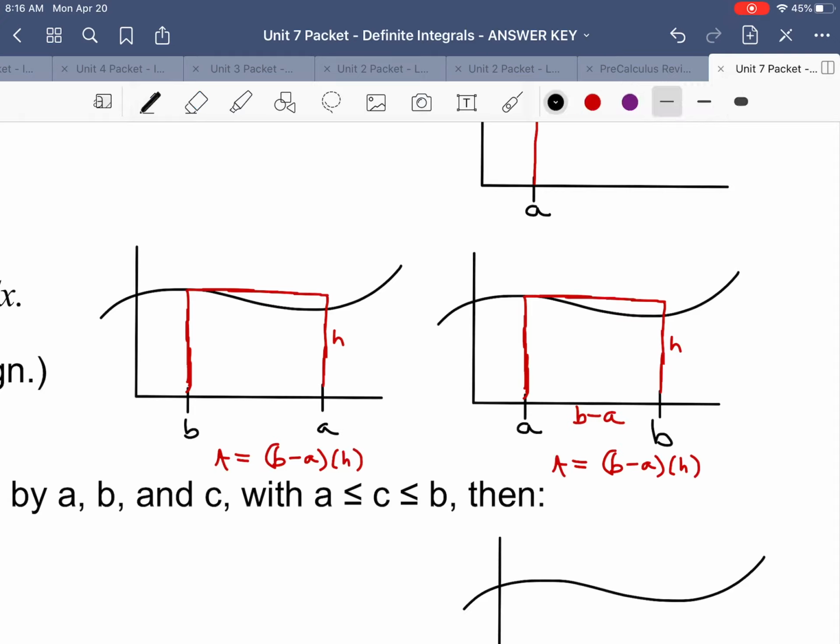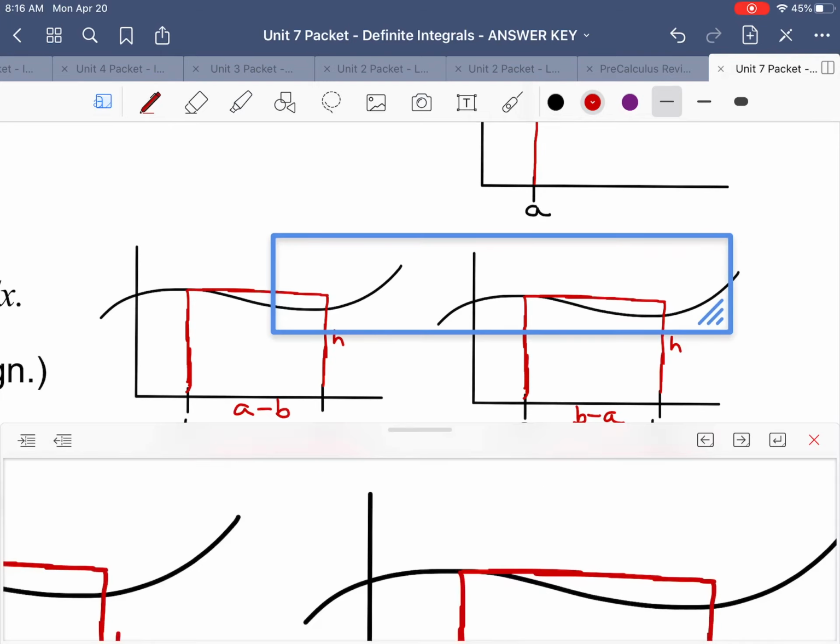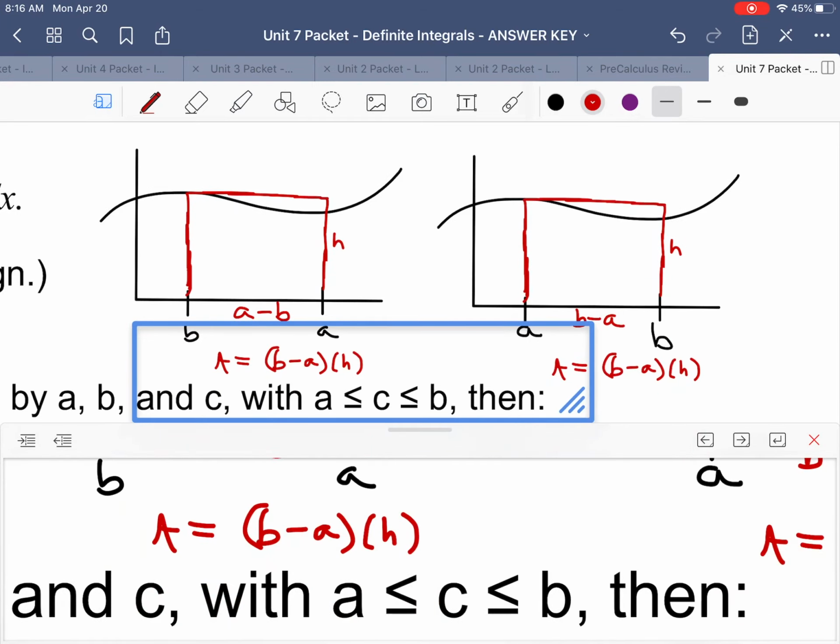That's going to make this a minus b. And that's going to make this, in parentheses, a minus b times h.